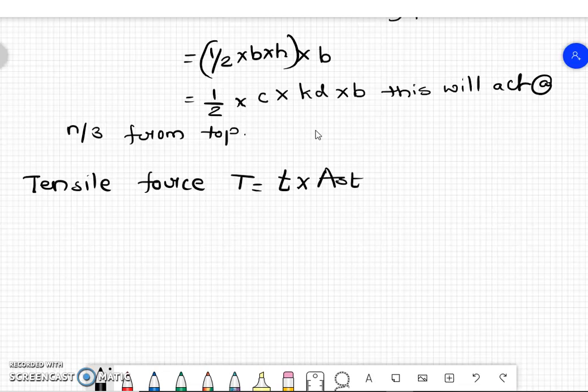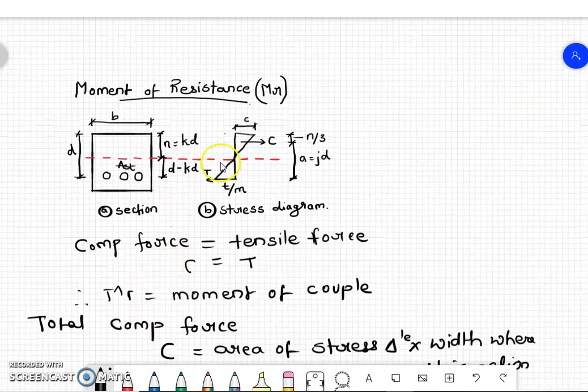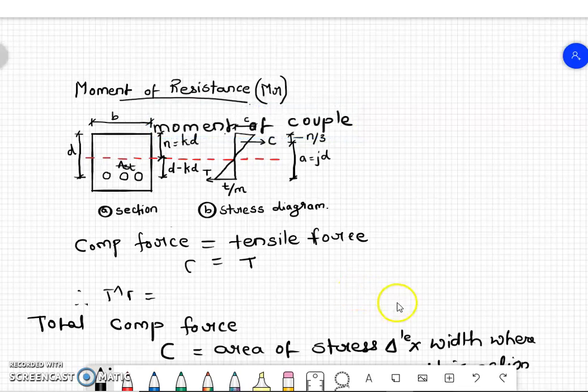So t into AST, and this will act at distance small d from top of the beam. So we measure this distance from the same top compressive fiber. So it is at n by 3 for the compressive force. Again, if you want to see the diagram, it is n by 3 for compressive force, and from here it is equal to d for the tensile force.